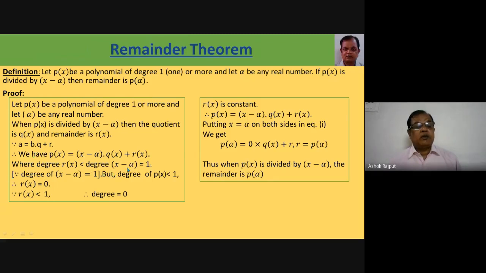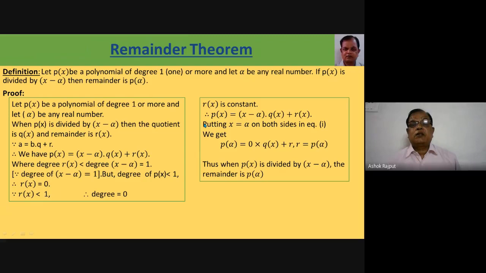Here the degree of R(x) is smaller than the degree of x minus alpha, which equals 1. Since the degree of x minus alpha is 1, the degree of R(x) is smaller than 1, so the degree is 0. If the degree is 0, then it is a constant.